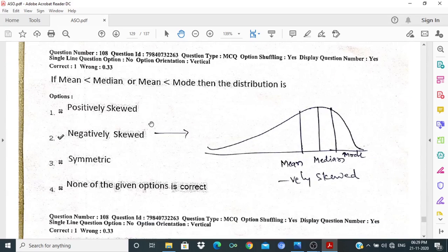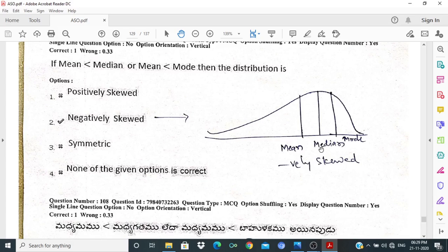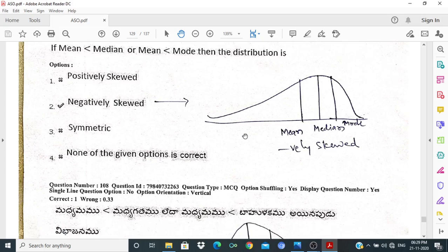If mean is less than median or mean is less than mode, then distribution is, look at here, negatively skewed. Median is middle, mode is here, highest frequency occurs here, mean is here. Here mean is less than median, mean is less than mode, so negatively skewed.